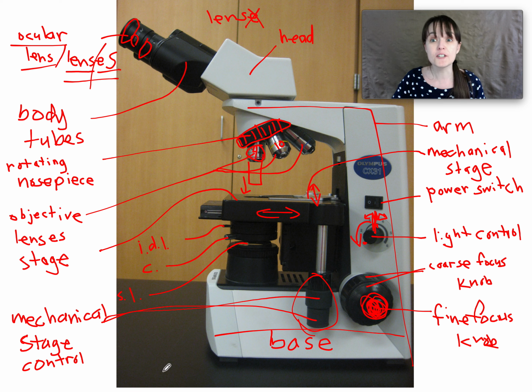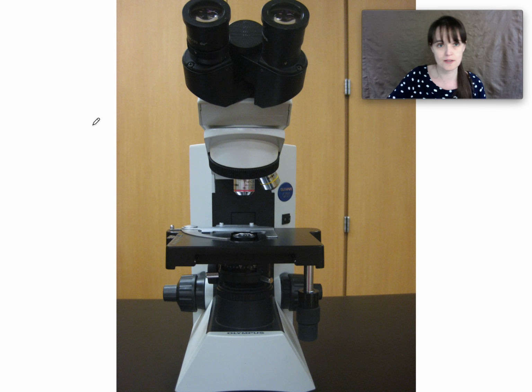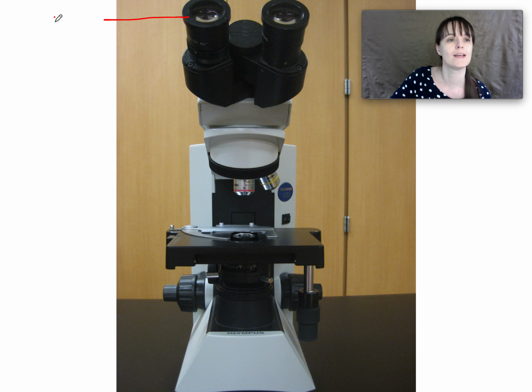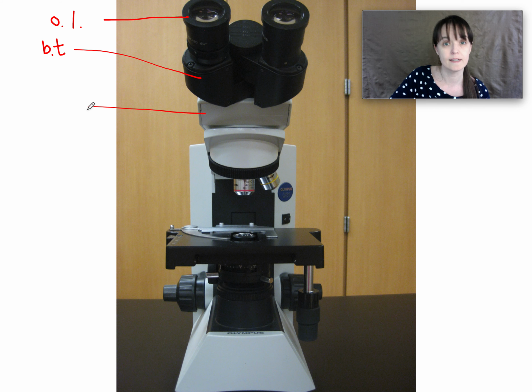All right, so we finished this picture. Let's skip to the next picture, and there's all the same stuff. So what were these? The ocular lenses. And then this body tube. And that is the head. Rotating nosepiece.